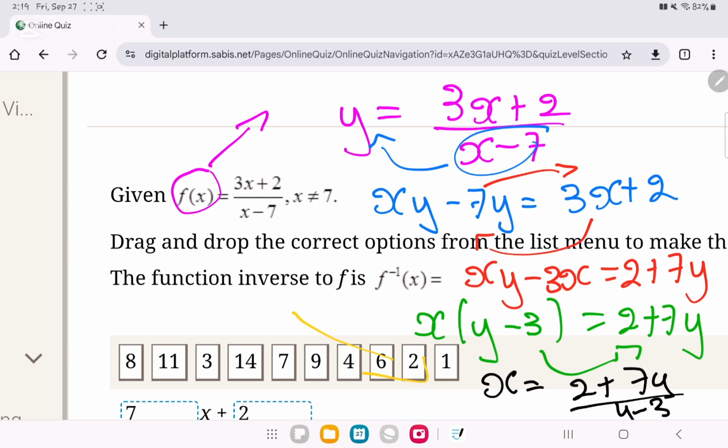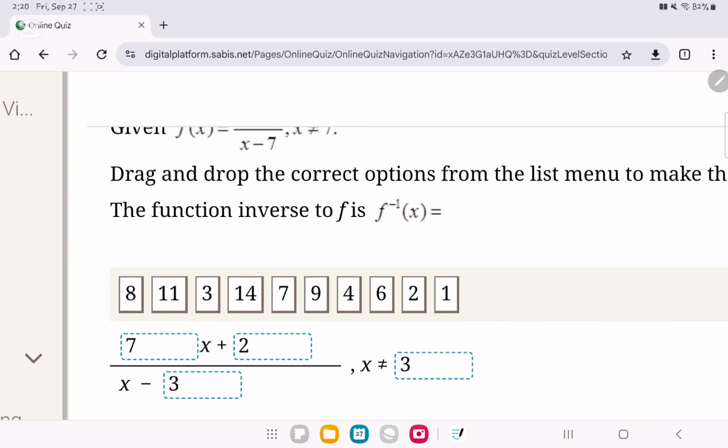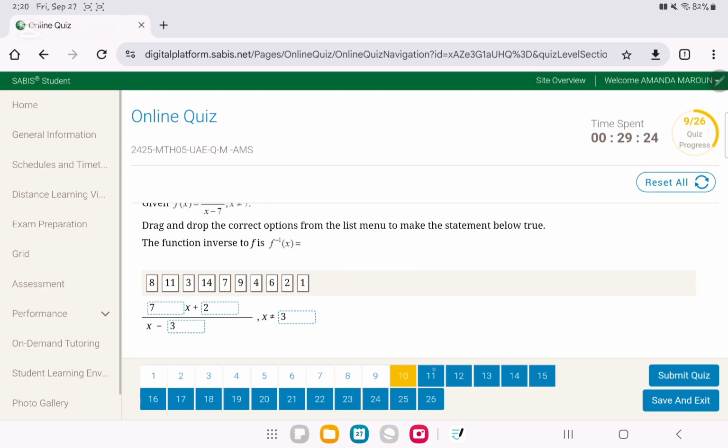We switch the x into f inverse of x, okay? It is equal to, we change every y into x, so (2 plus 7x) over (x minus 3). And so like this, we got our answer, which is (7x plus 2) over (x minus 3), and we found the domain, which is x is different than 3.